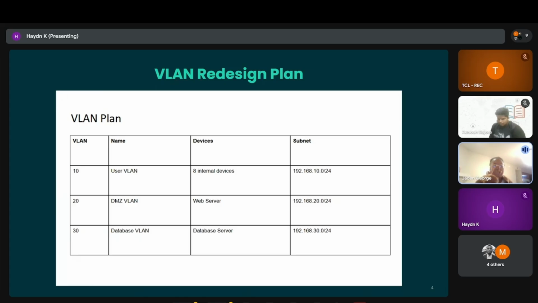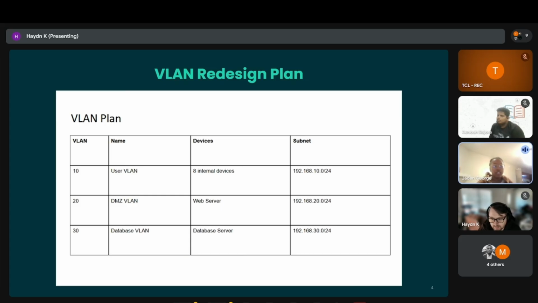And for the web server, we have VLAN 20, and we name it DMZ VLAN because that would be the case with the DMZ server. And then we have the subnet 192.168.20.0/24. And then for the database server, it's the database VLAN. It's VLAN 30. Similar subnet, instead of 10 or 20, it's just 30.